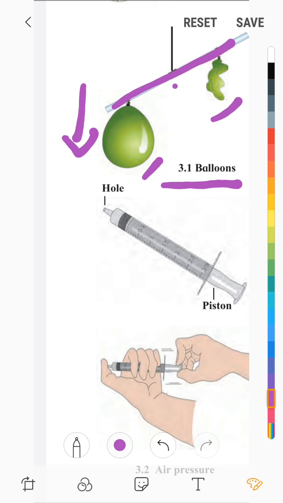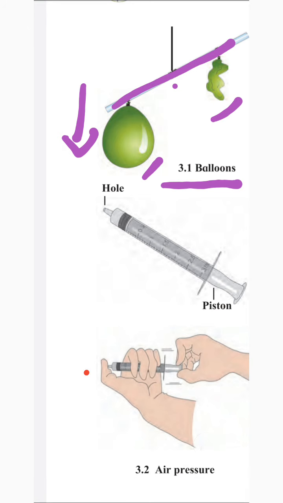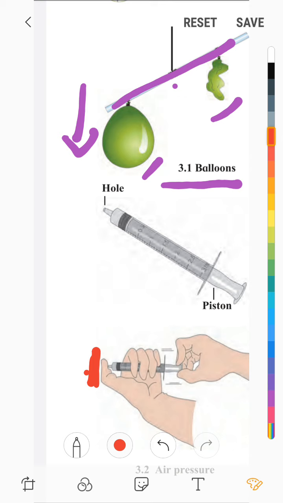Now, in the second figure 3.2, we are going to learn about the piston. Take an injection syringe without the needle. Pull its piston and observe it as you do so. On pulling the piston, the inlet hole of the syringe is closed.